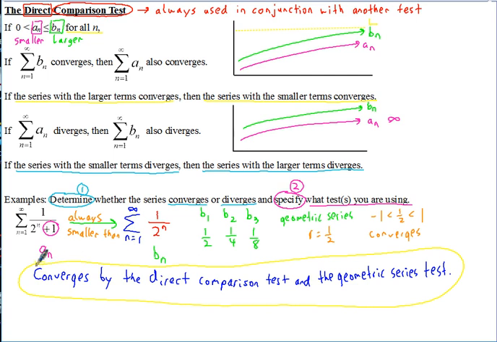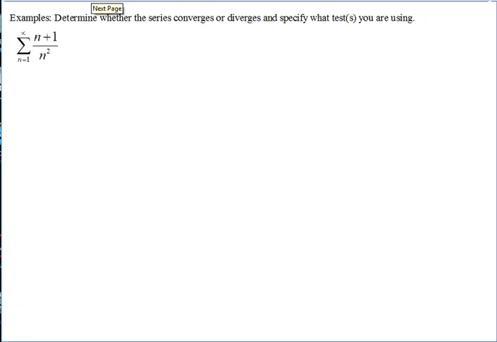Okay, let's take a look at one more using the direct comparison test. So again, this says determine whether the series converges or diverges, and specify what test you're using, or tests. So on this one, notice, you can compare it.